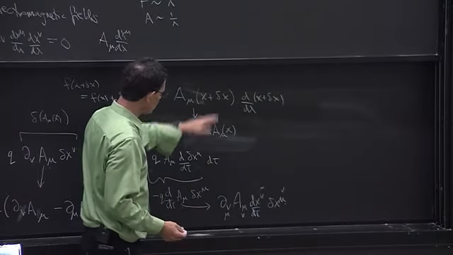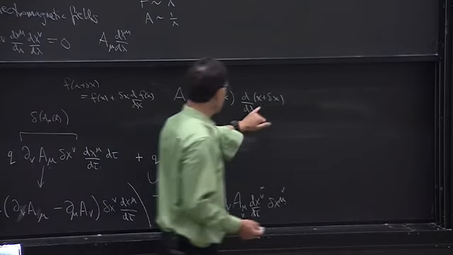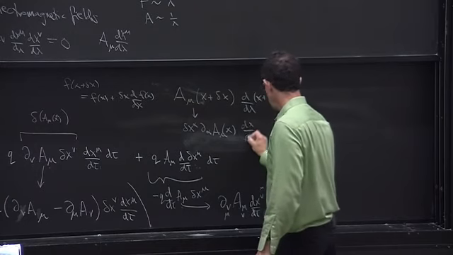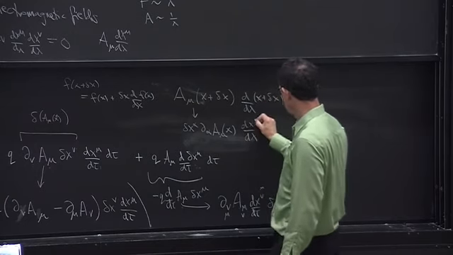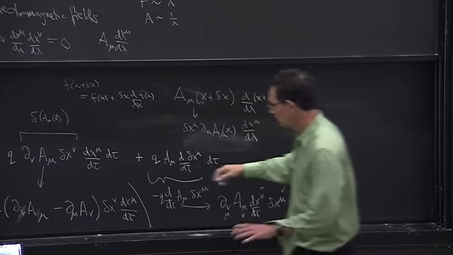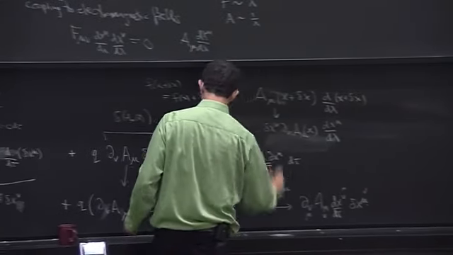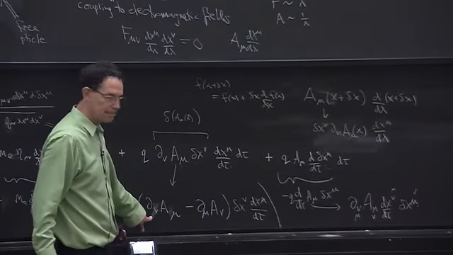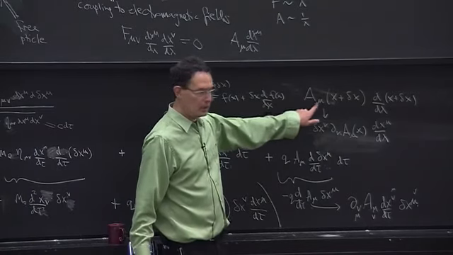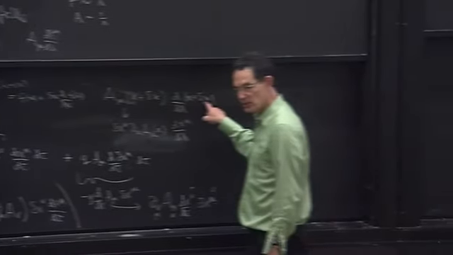So I get the first variation of A, which gives me this one, and then that would multiply the 0th order guy from here, the dx d lambda. That's where I called it nu. That's where the first term came from: varying the A. The second term came from this piece.